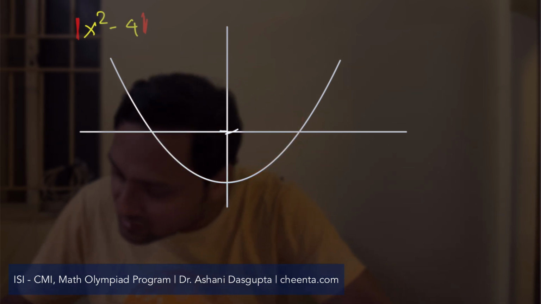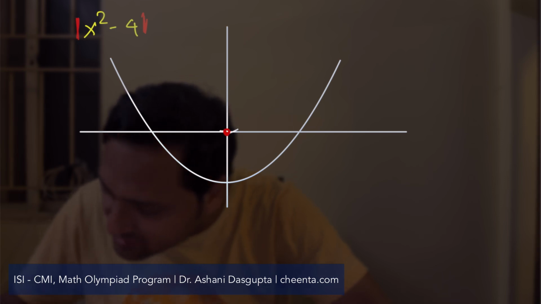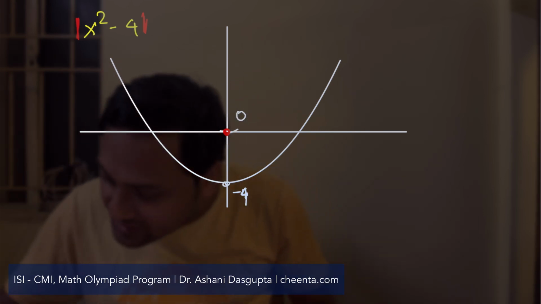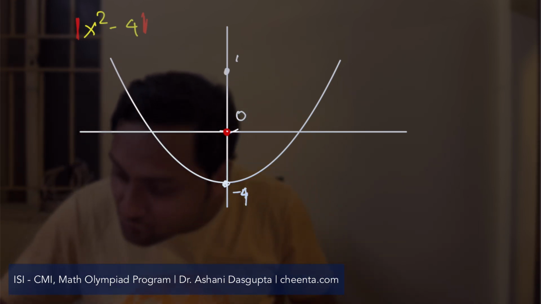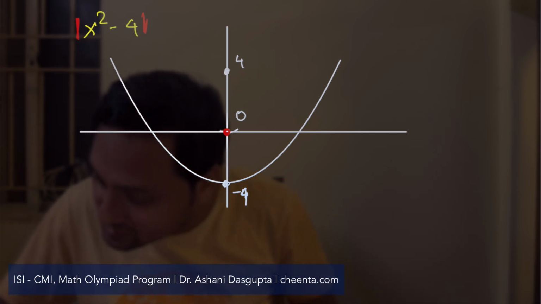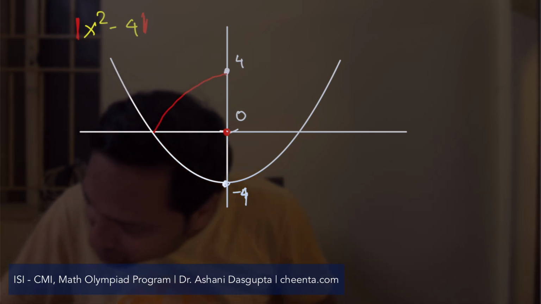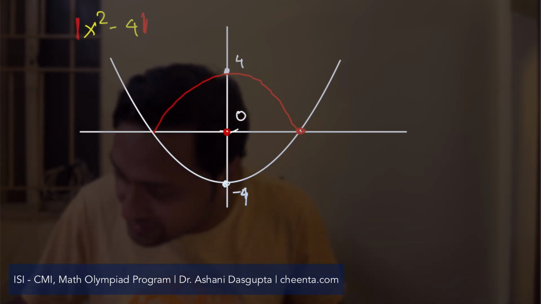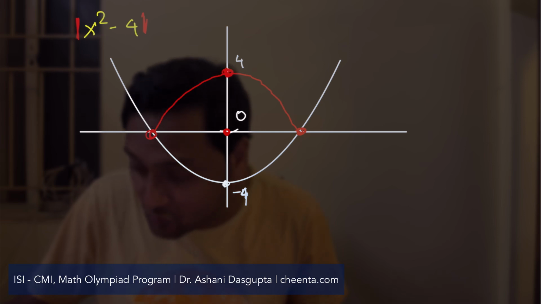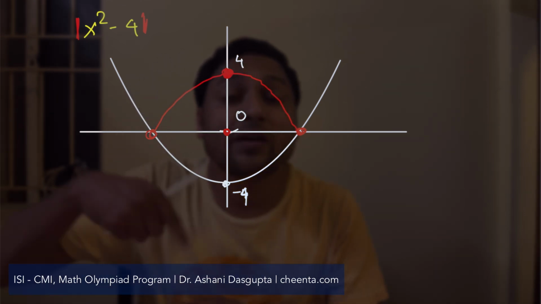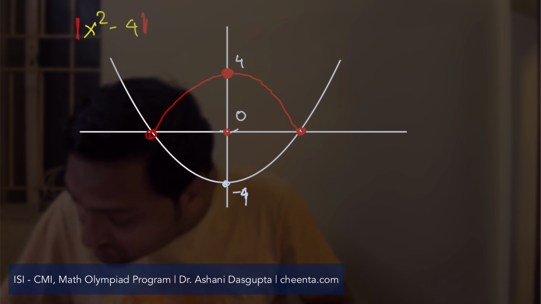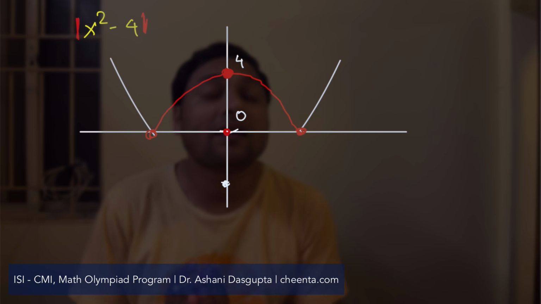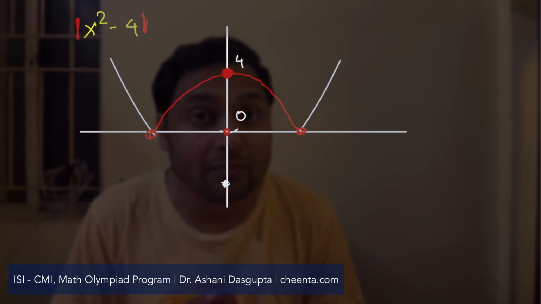If the value at 0 is negative 4, when you take the absolute value of it, it goes to the other side and becomes 4. So the negative part becomes positive, and the highest point is 4, because the lowest point was negative 4 and it got flipped. I'll just erase this part. Now this is the picture of the absolute value of x squared minus 4.